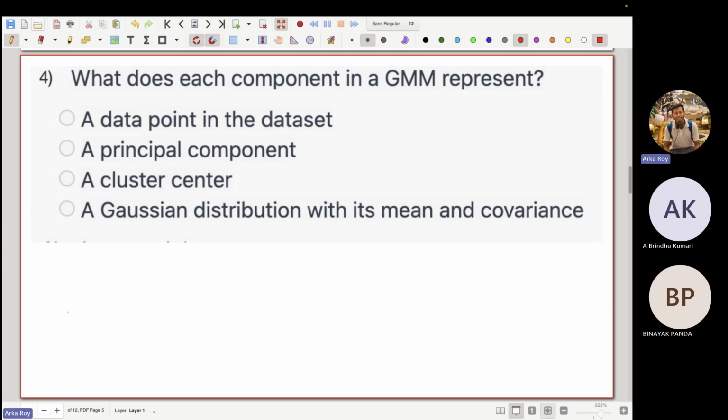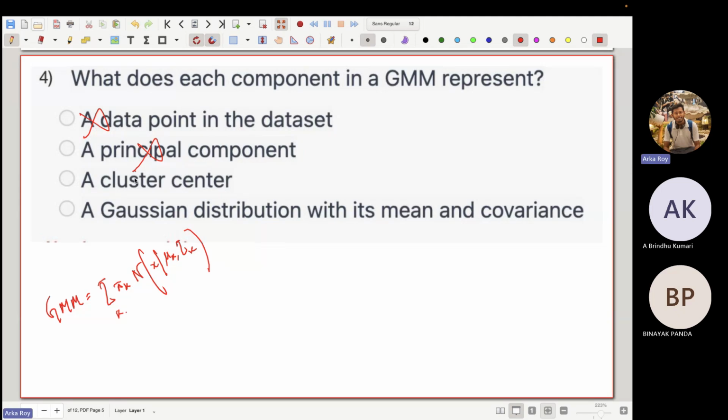If I rewrite the GMM concept again, it is the sum of pi k times normal of x given mu k, sigma k, running over K. The first option, a data point in the data set, is not relevant. Principal component: Gaussian mixture model has no relation with principal component analysis, PCA.